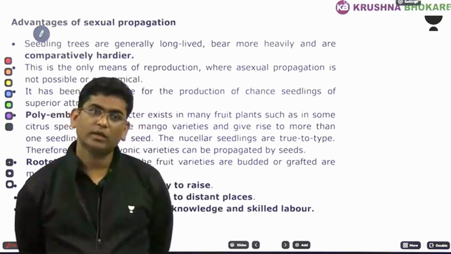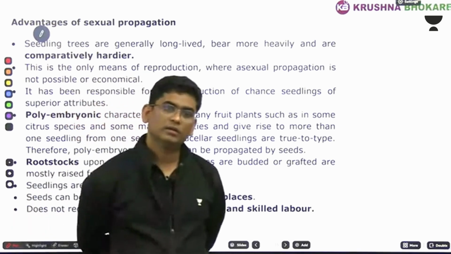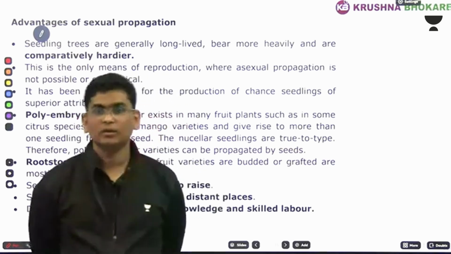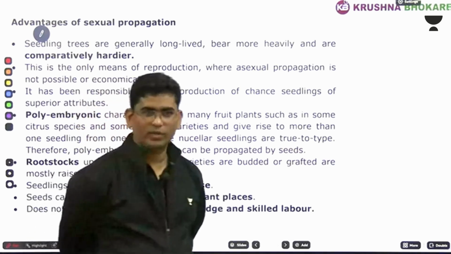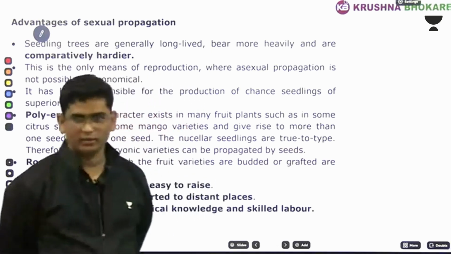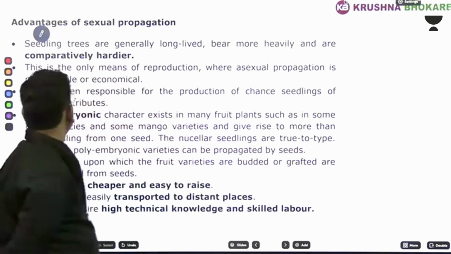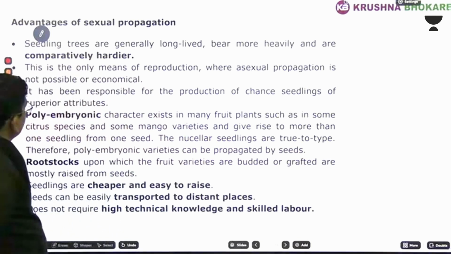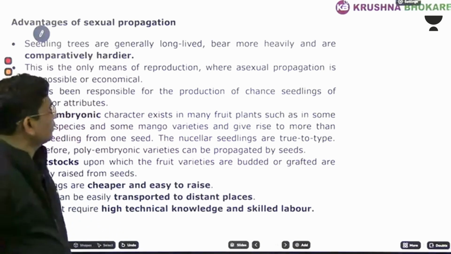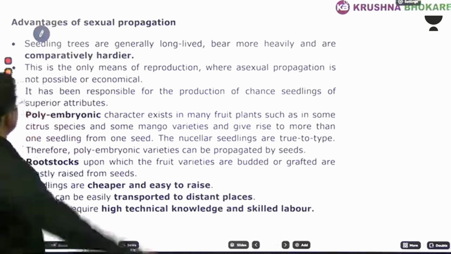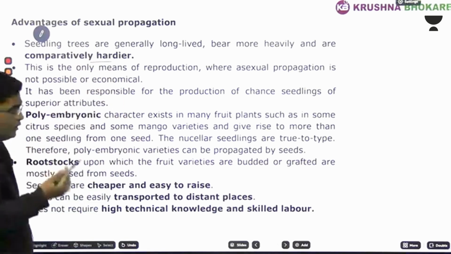But the desi mango can be there for 100 years or whatever, more than 60, 70, 80 years it can be there. So seedling trees are generally long lived, bear more heavily and are comparatively hardier.